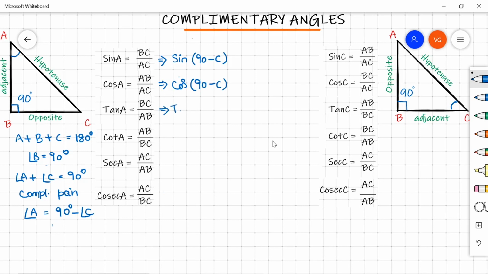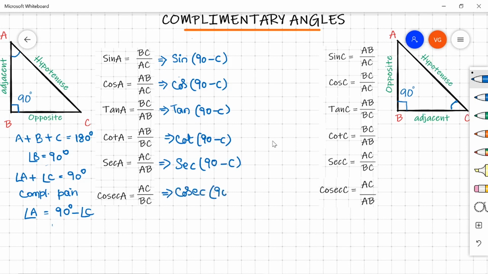Tan A can be written as tan 90 minus C. Similarly, cot A can be written as cot 90 minus C. Secant A can be written as secant 90 minus C. Cosecant A can be written as cosecant 90 minus C. Now, check out the list in the second.